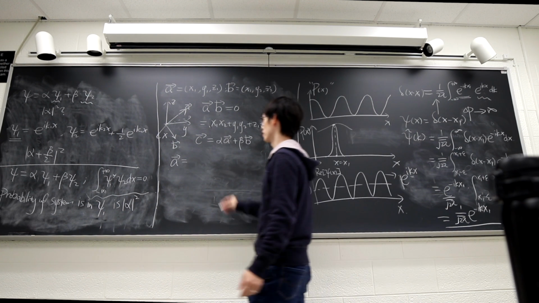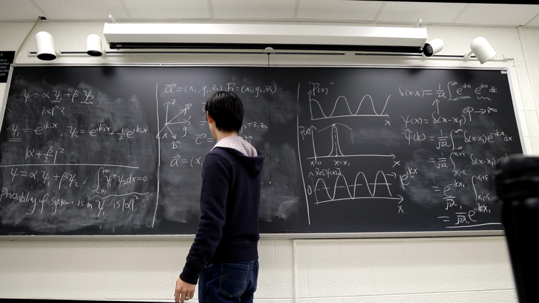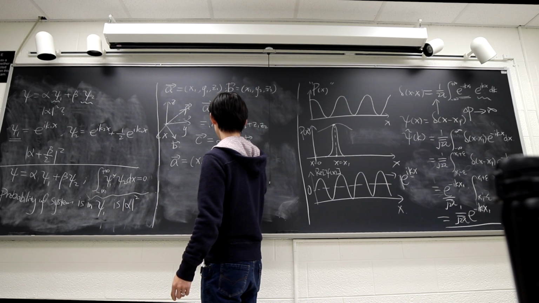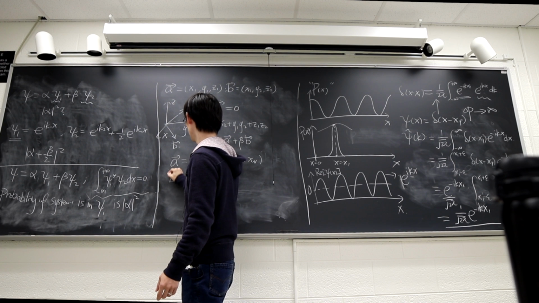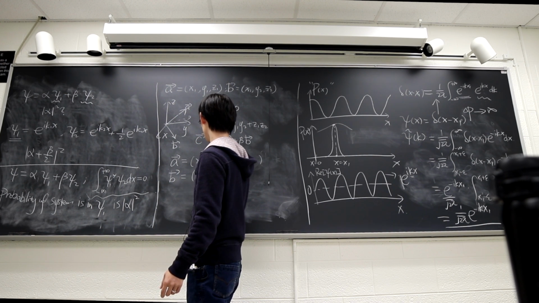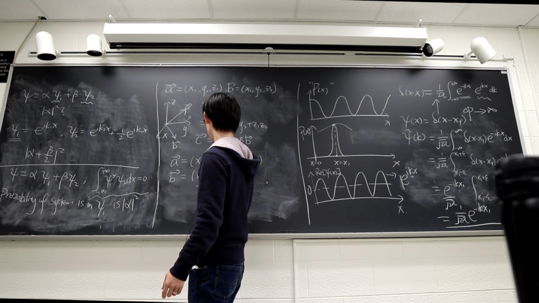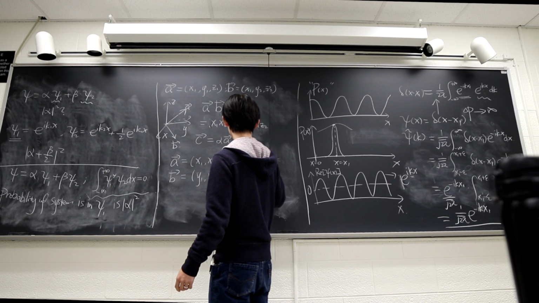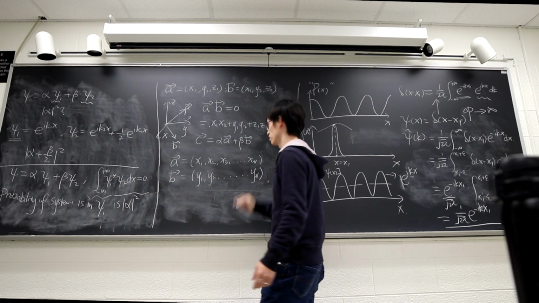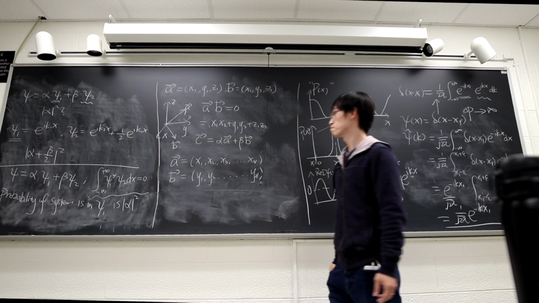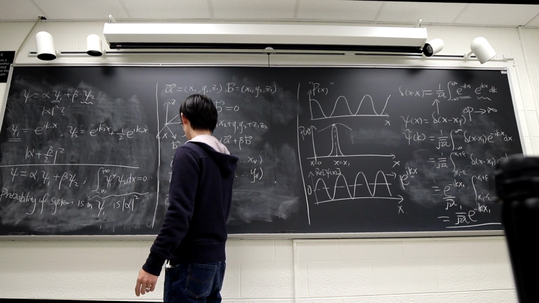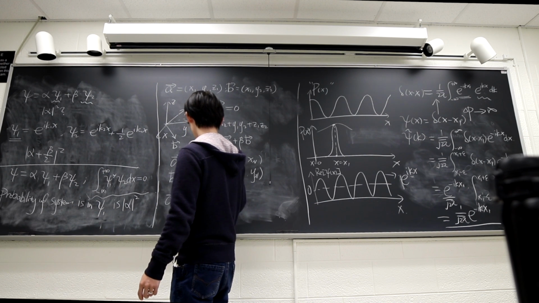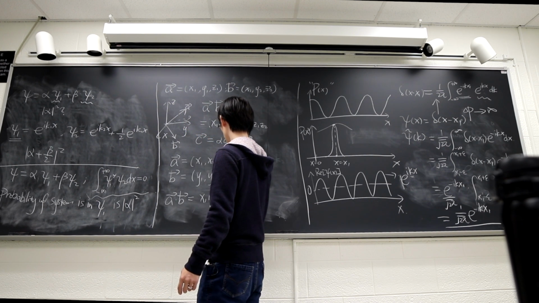So you can have x1, x2, x3, up to xn. Your b can be y1, y2, all the way to yn. And then your inner product is just a sum of x and y.